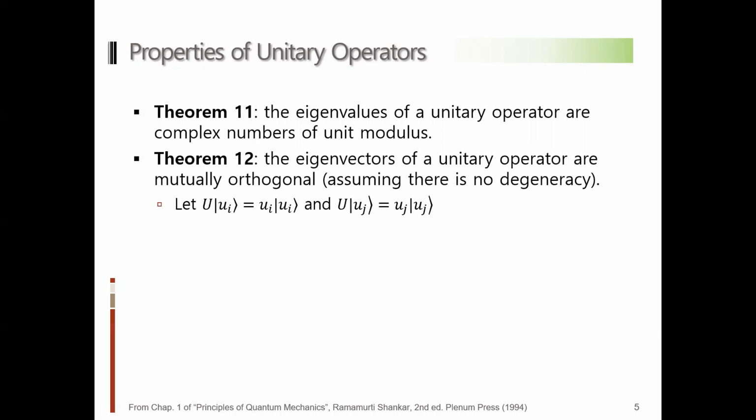Similar to the proof for the Hermitian operator, let's start with two eigenvectors of the given unitary operator, and then u sub i is the corresponding eigenvalue of this vector, and u sub j is the eigenvalue of this eigenvector. Now, what we are going to do is find out the complex Hermitian conjugate of this part.